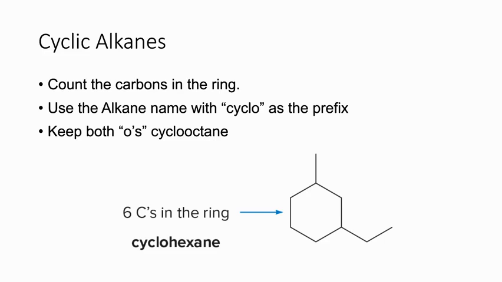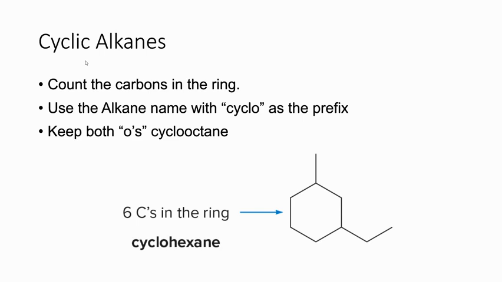So which direction should we number it? We can number it this way or this way. We're going to number it this way because we want the prefix ethyl to go first before methyl, because ethyl comes alphabetically first before methyl. Great.